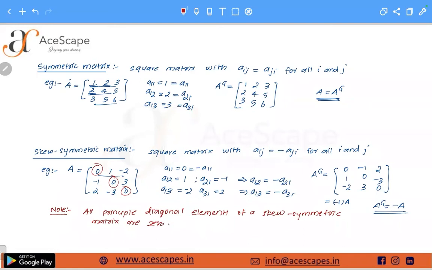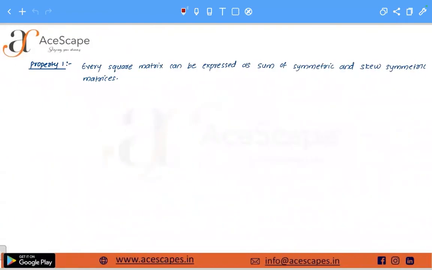Okay. Now we will go to a property of symmetric and skew symmetric matrices. This property states that every square matrix can be expressed as a sum of a symmetric and a skew symmetric matrix. I will tell you how. If I have a matrix A, it can be written as half plus half into A, right?